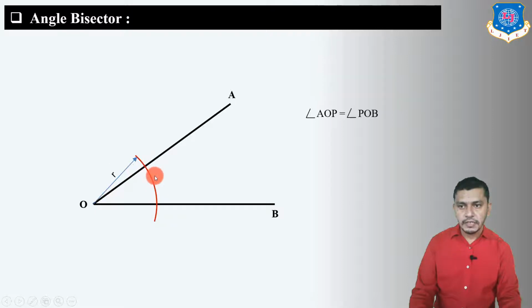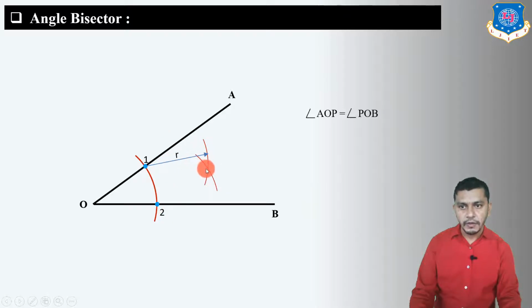Okay, mark the intersection points of the arc on OA and OB, let us say 1 and 2. Now with the same radius R and center at 1, we give an arc over here like this, and now we take the center at 2 and give an arc having the same radius R which will cut this arc over here.